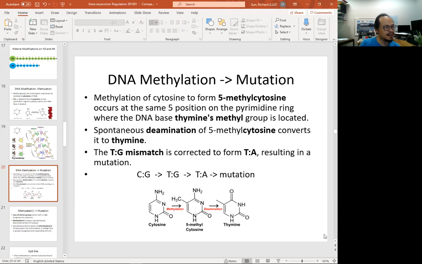And that leads to a consequence that in our genome, the number of CG is actually much lower than what we expected. That is because C is a site to receive this methylation, and in fact, we have a lot of DNA methylation in our genome. That methylation has a tendency to change it to become a TA.